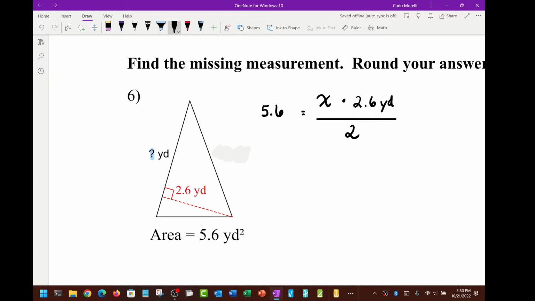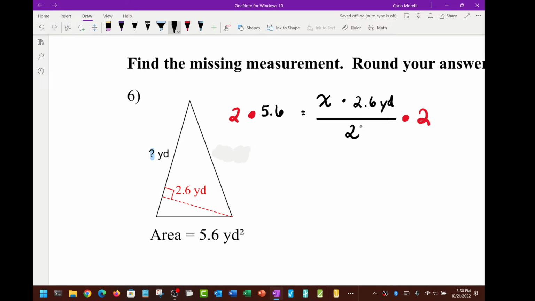So here we are. Okay, so our goal is to get x by itself. And the best way to accomplish that is to start by multiplying the 2 out of this denominator on the right. And that means we need to multiply both sides by 2. Okay? And why is that helpful?